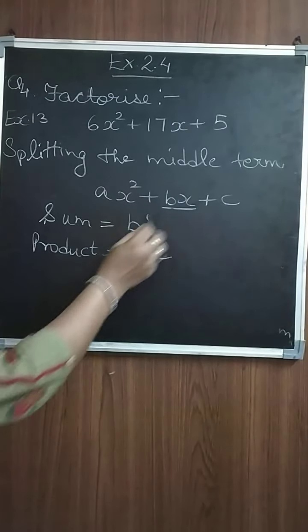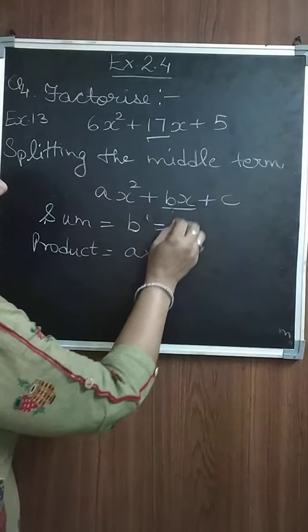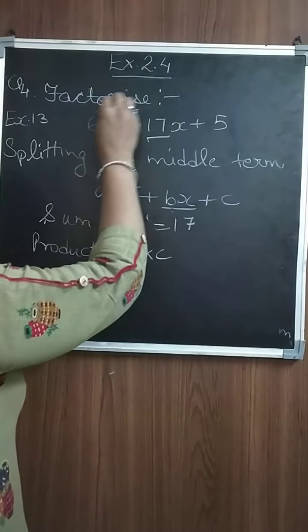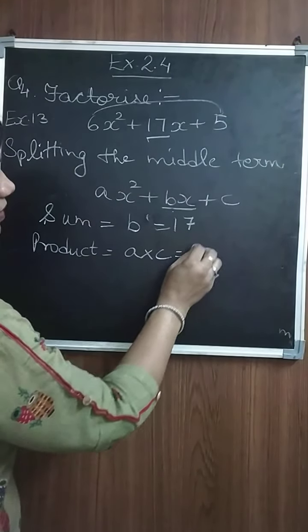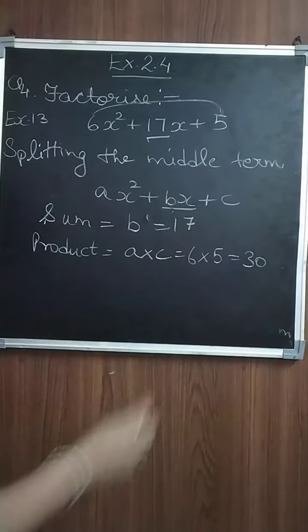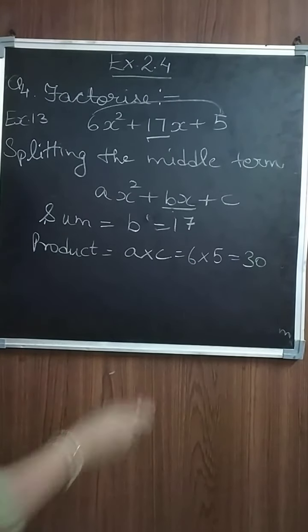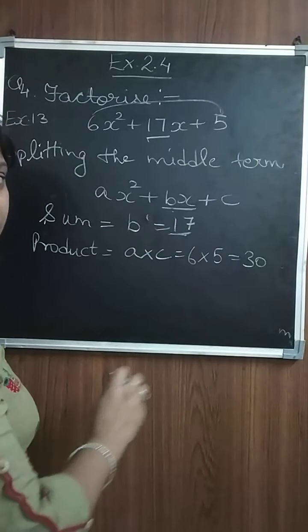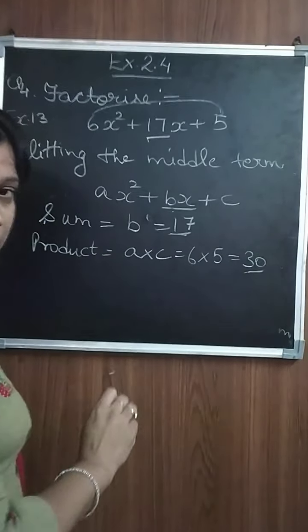Here b is 17 and a into c means 6 into 5 is 30. We need to find two numbers whose sum is 17 and whose product is 30.